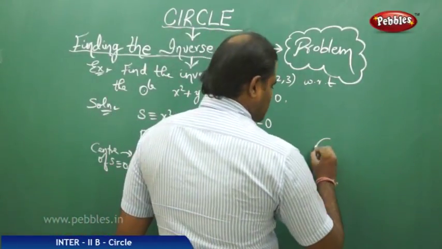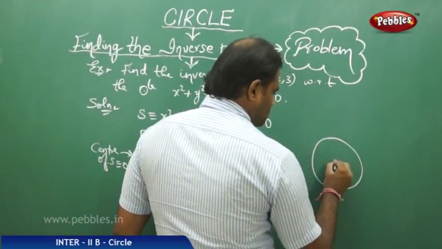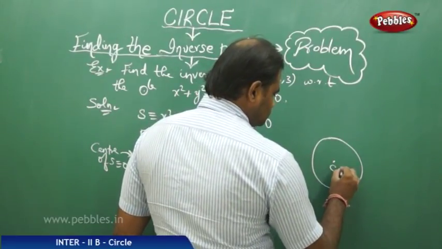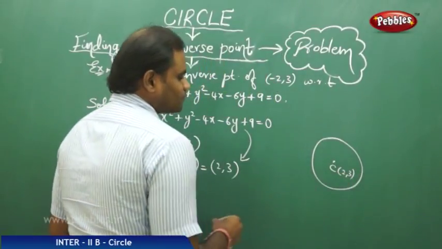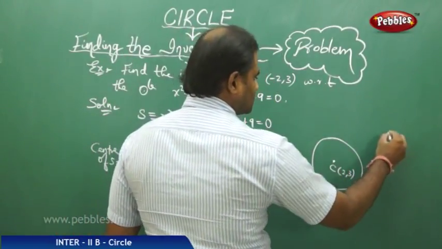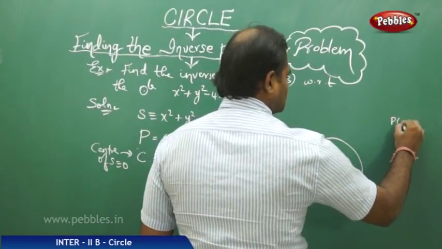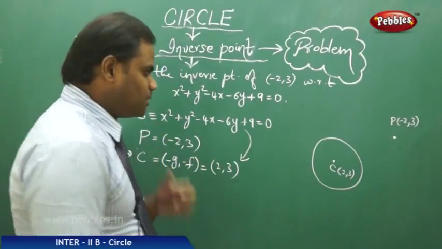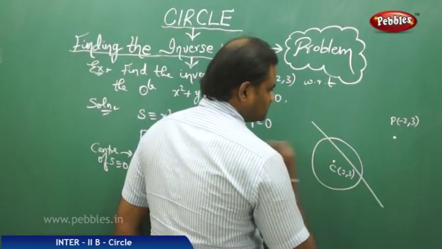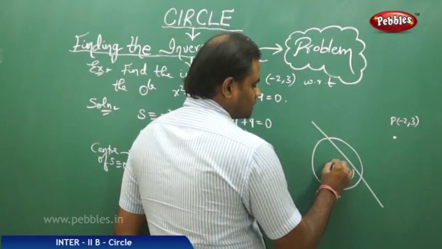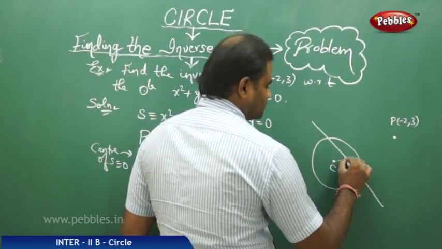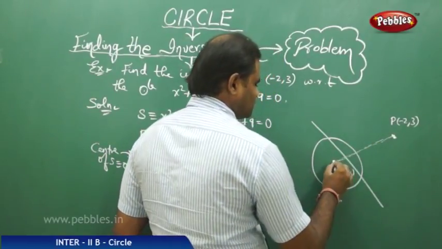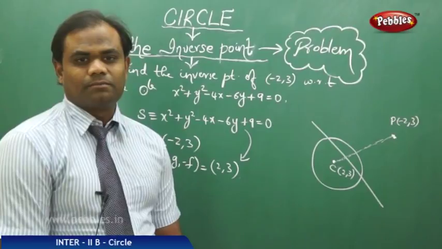Now if I take a circle whose center is (2, 3), and I have a point P which is (-2, 3), then we know that the polar of P is somewhere passing here.